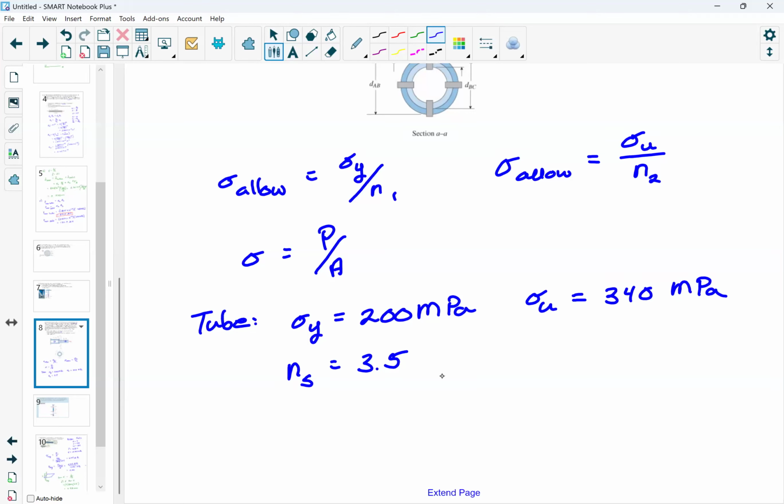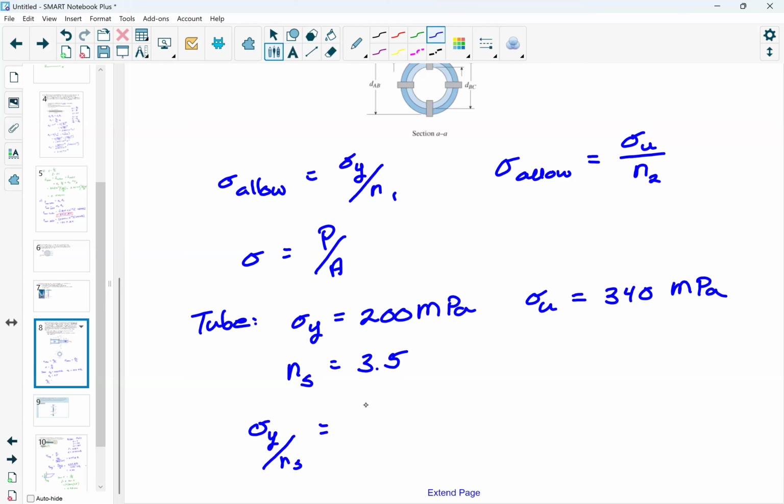All right, so what can we get? I was going to say I was going to need some numbers run, but we know we've got our sigmas. So our sigma sub y over our safety factor, right?